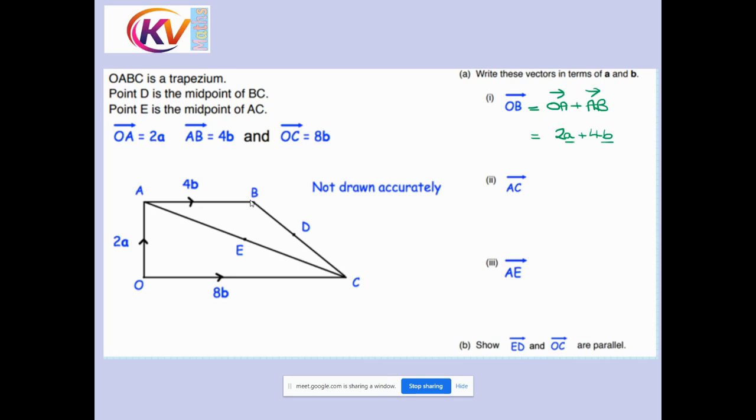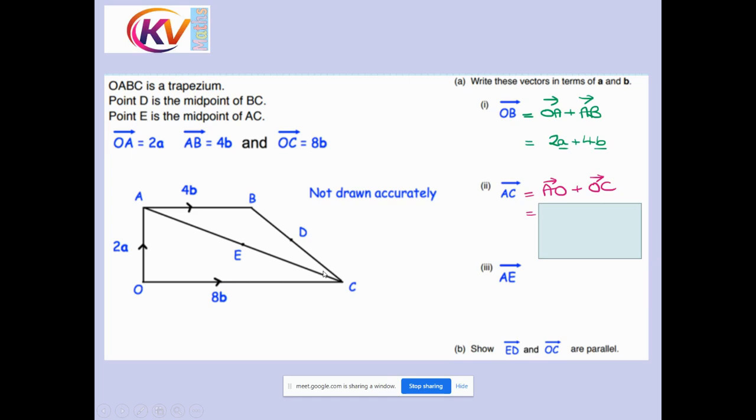So see if anyone can figure out that one. A couple of you on it. Good then, so for the next one, I want to go from A to C. Again, the only way that I can travel on this one is down from A to O and then from O to C, so that's going to be my journey.